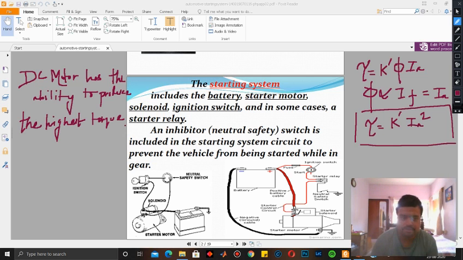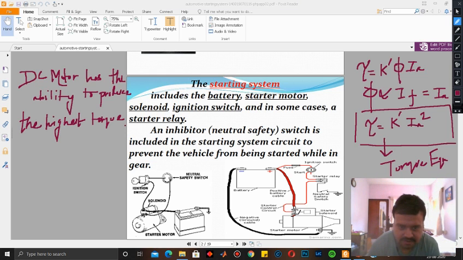So these are the two things. This is known as the torque equation. So for any motors, two things are very important.